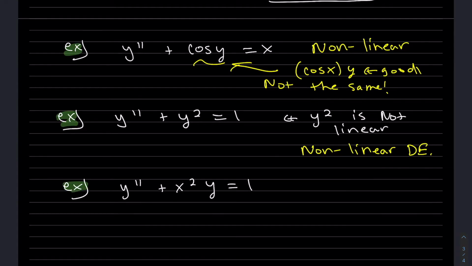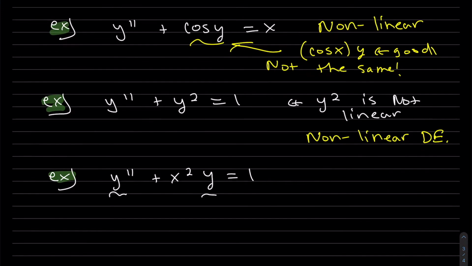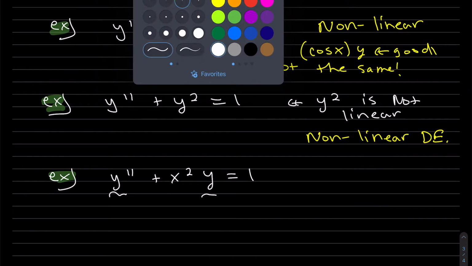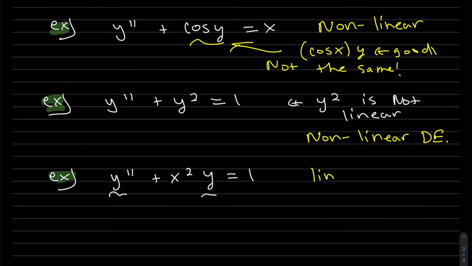Our last example, just because we've had the last couple examples that were non-linear, has our second derivative and our y, and we do have a coefficient that's x squared. We're allowed to have x not be linear, so this is definitely a linear DE. It's actually a second order again.